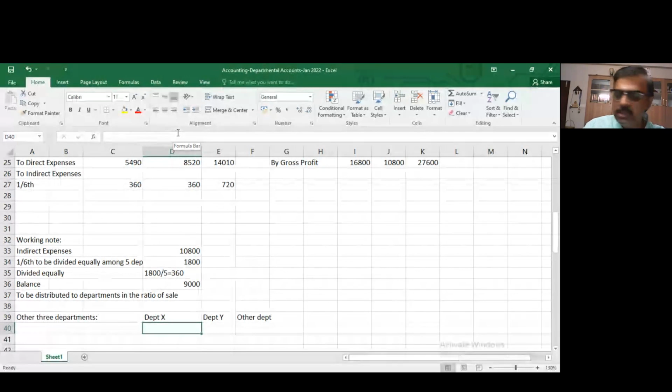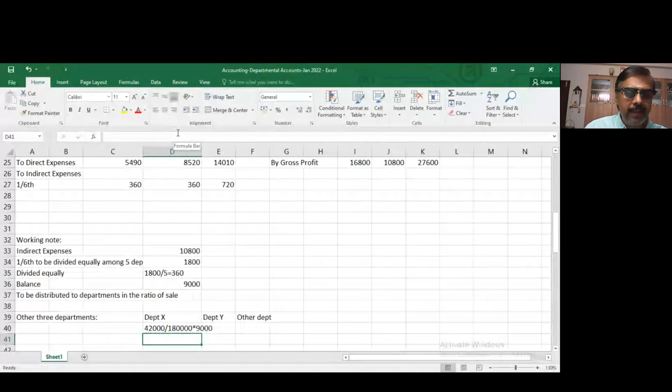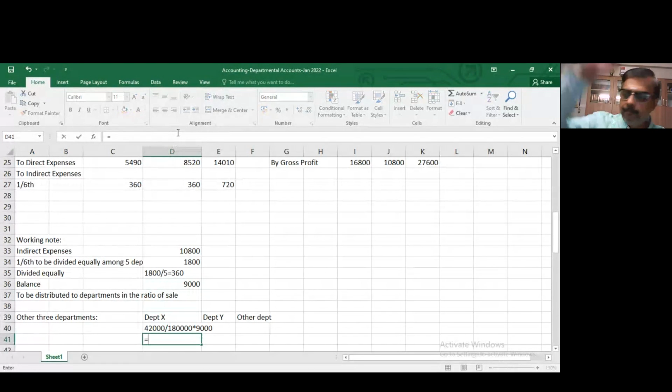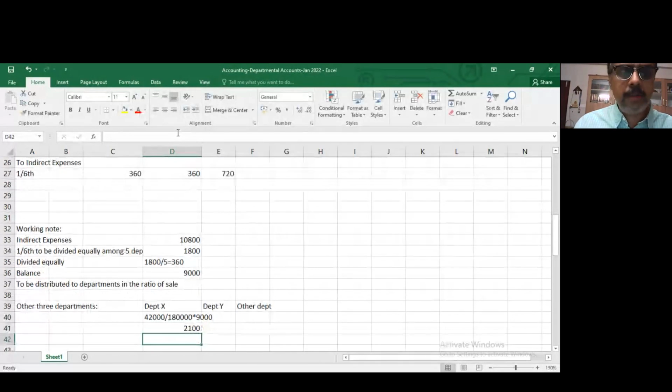What is department X sales? 42,000. So 42,000 divided by 1,80,000 into 9,000, where this 9,000 is to be distributed. So what are you getting? 2,100. Very good. So department Y.